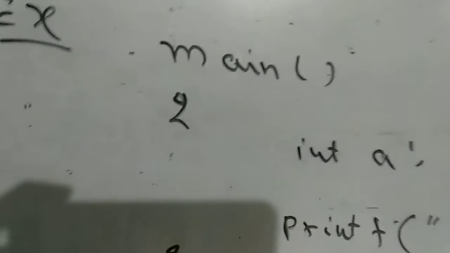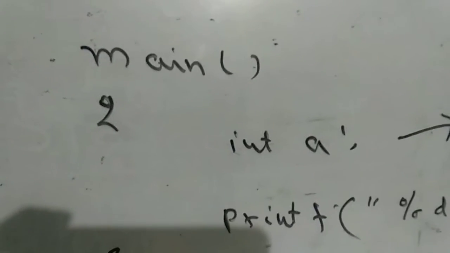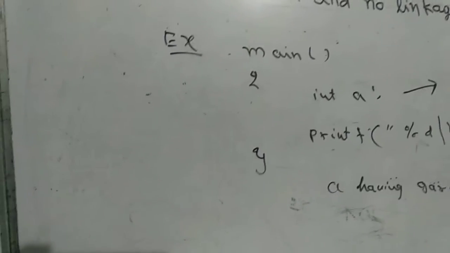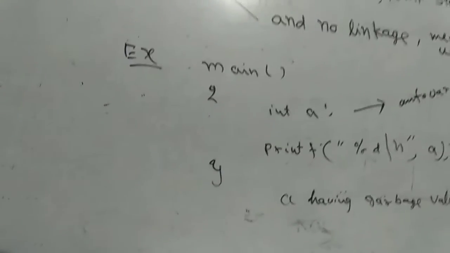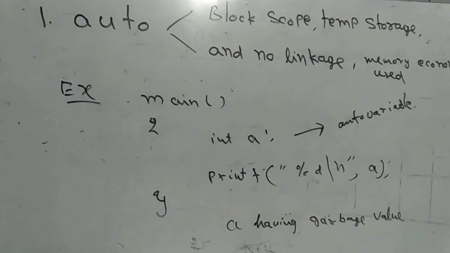It is an auto variable, so we can declare int a = 10, int a = 15, int a = 12. If an auto local variable is not initialized, by default it has a garbage value. This is about auto variables. In the coming lessons we will see many more examples and the other storage classes.